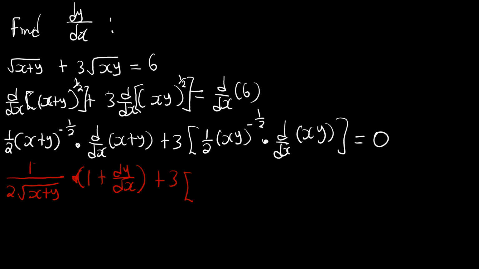Even here, let me write these with a positive exponent. It will be 1 over 2 square root of xy, multiplying the derivative of xy. Here we're going to apply the product rule, so let me write it here to save space. We keep the first term, which is x, and multiply with the derivative of the second term.